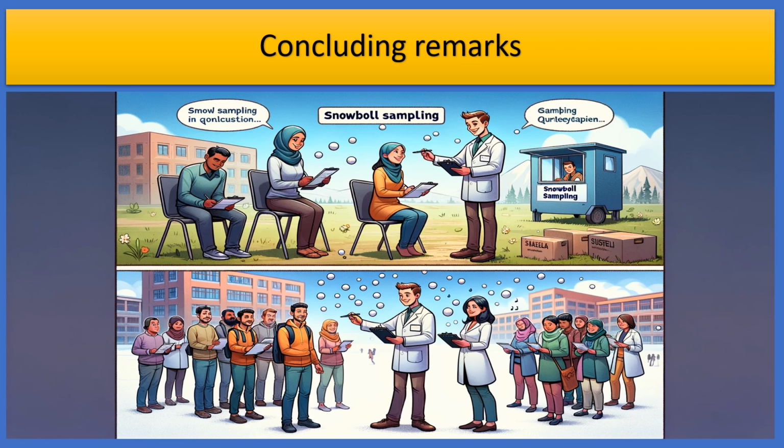However, researchers must be mindful of the method's limitations, such as potential bias and limited generalizability. By employing appropriate strategies and safeguards, such as triangulation and ethical consideration, researchers can maximize the utility of snowball sampling and generate meaningful insights into diverse research contexts.